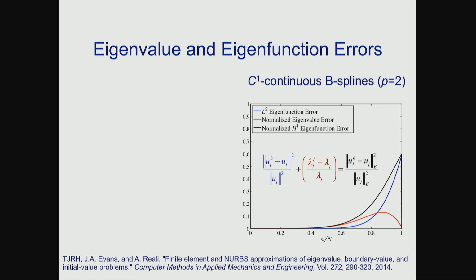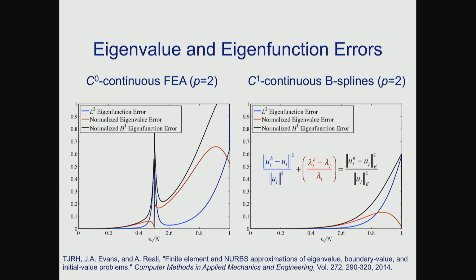You expect to get something similar with C0 continuous finite elements, but you get some big surprises. It's well known that the eigenvalue error is composed of two branches in this case. One is an optical branch, and there's no approximability in this part of the spectrum. But the eigenfunction errors are even more bizarre. You get a spike right in the middle of the spectrum, and this is real.